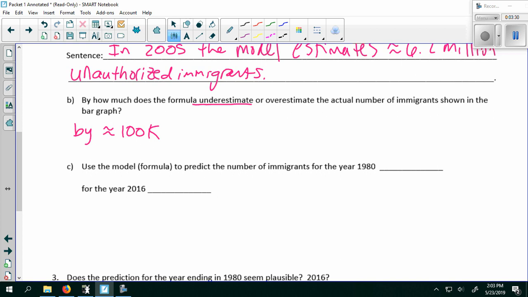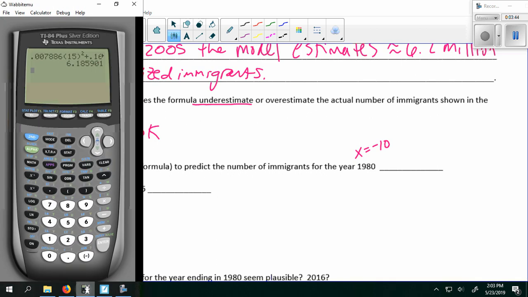Okay, we want to use the model, the formula, to predict the number of immigrants for the year 1980. So this would be x equals -10, because it's 10 years before 1990. So I'm going to plug a -10 into my formula. So I've pulled up my previous answer here, and I'm going to replace all these 15s with -10s. -10 squared. And oops, negative is supposed to go inside the parentheses.